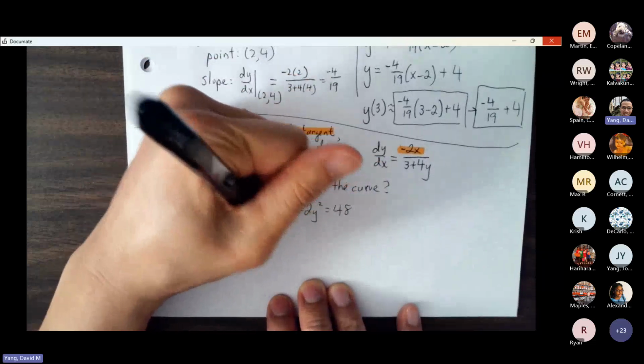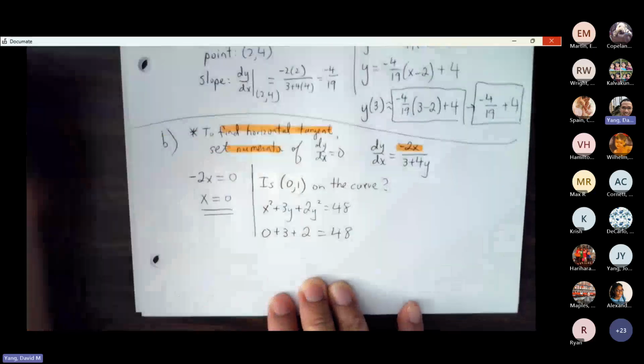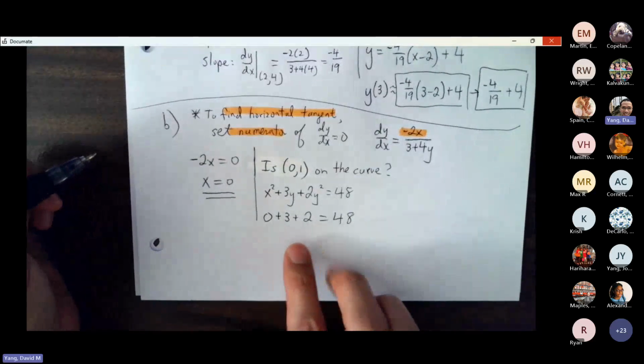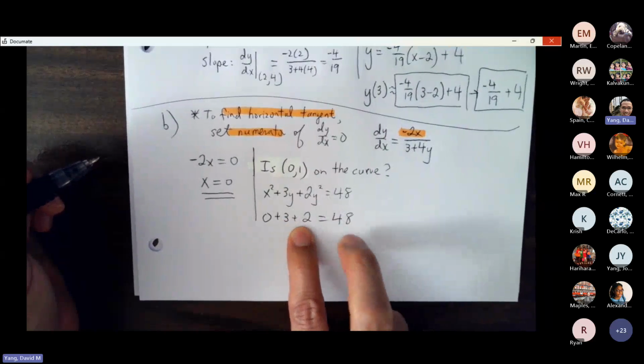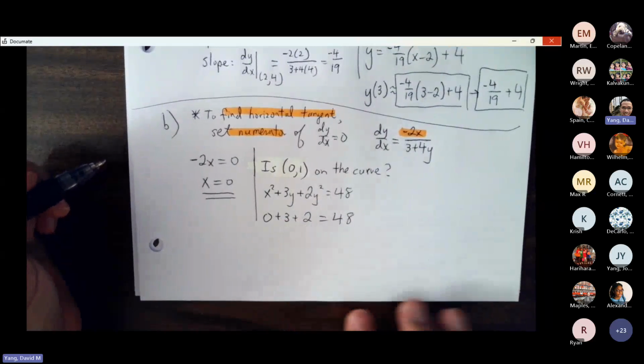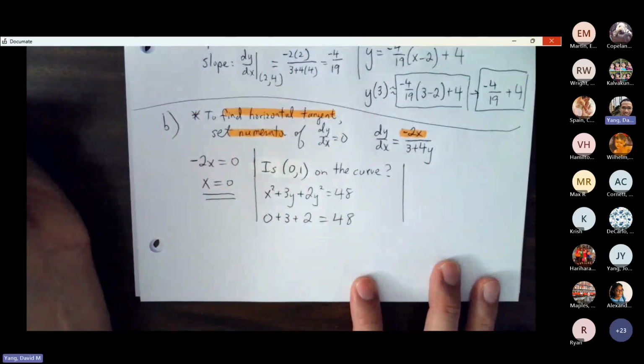And 1 in for y. And we see that that point is clearly not living on the curve, because if it were, then we should be able to get something that agrees. But instead I get 5 equals 48, which is not true. So we don't have a horizontal tangent.